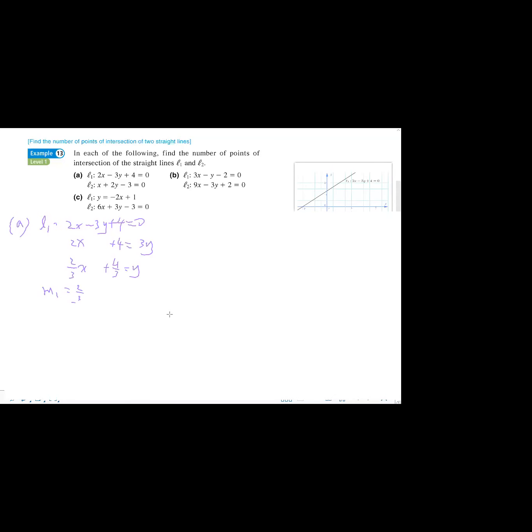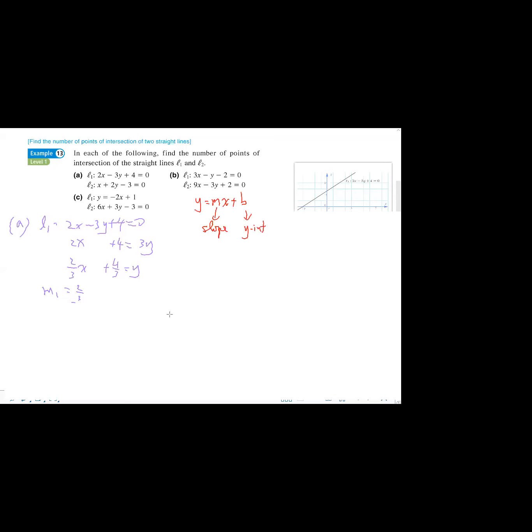Here we can look at it directly. If you remember, I mentioned y equals mx plus b. This is the slope. This is the y-intercept. So to distinguish between case 1, case 2, and case 3, we need to compare the slopes, and we need to compare the y-intercepts.